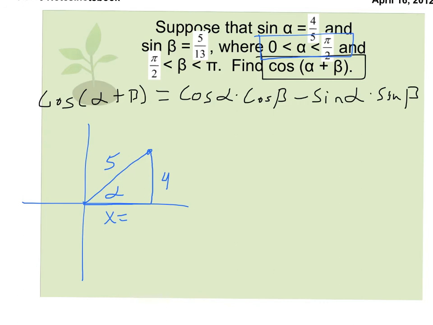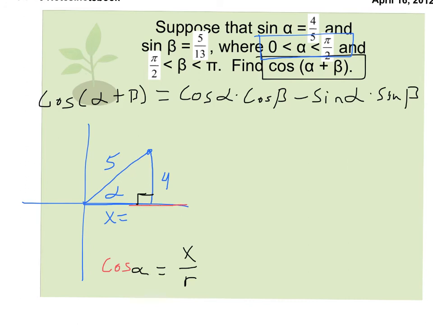And remember, the cosine of any angle, in this case let's say alpha, is x over r. So if I could find x, and the Pythagorean theorem will help me do it, I could get its cosine value.